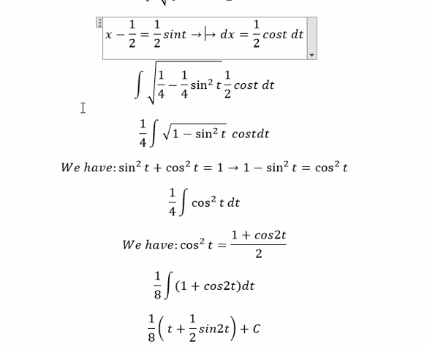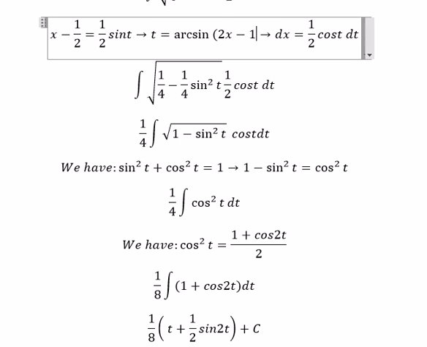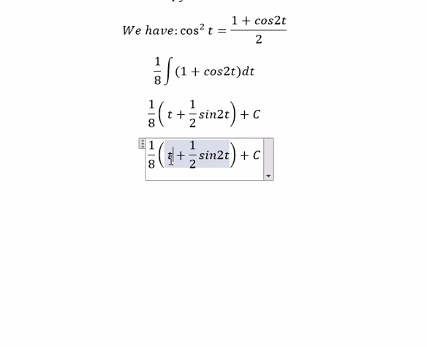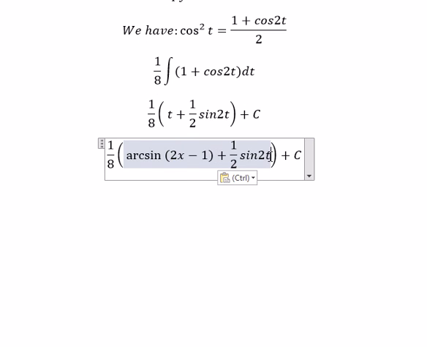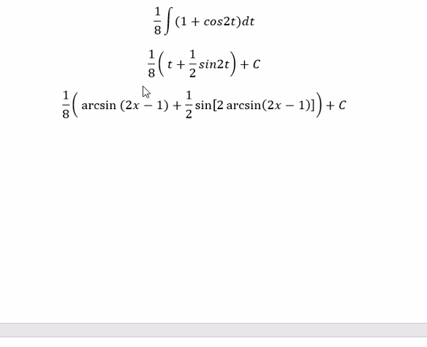And now you got about t equal to arcsine of 2x minus 1. We put this one in here. This is the final answer.